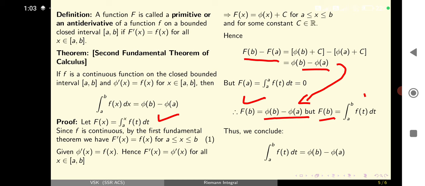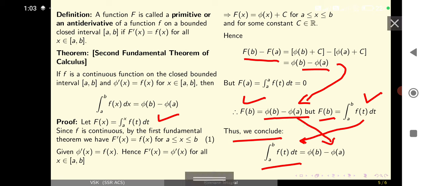That will be the integral from a to b of f(t) dt. So we conclude that the integral from a to b of f(t) dt is phi(b) minus phi(a). In this way, this second fundamental theorem is also proved.